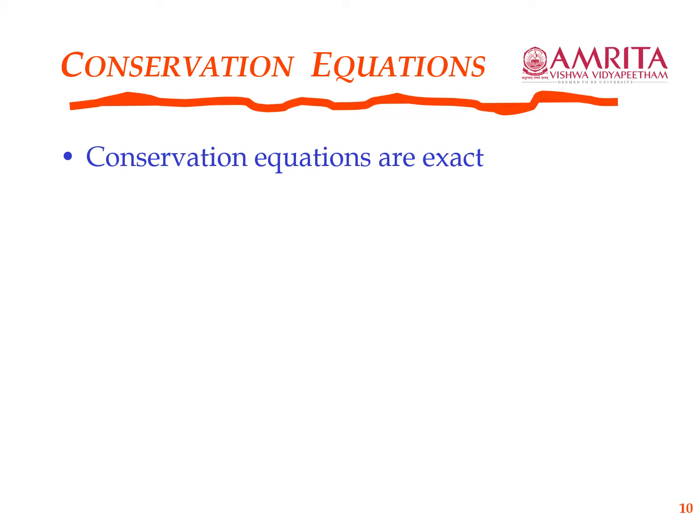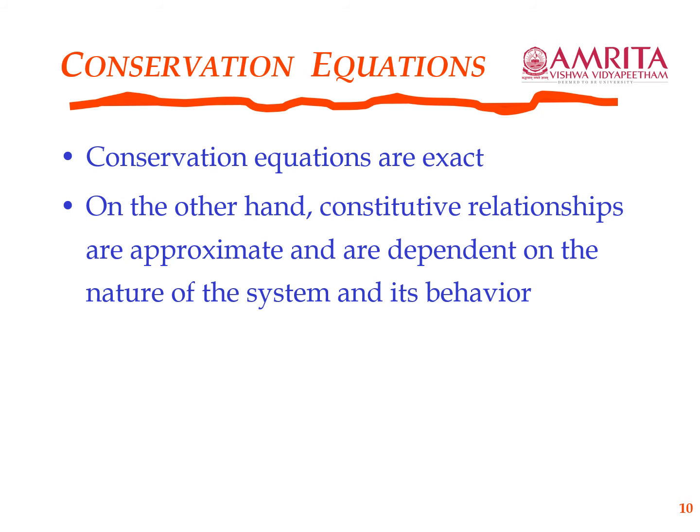Momentum is conserved, momentum is conserved. There is no approximation in this. All right. On the other hand, constitutive relationships are approximate, and they are dependent on the nature of the system and its behavior. We will see this in some detail in the forthcoming lectures, when we have an exclusive lecture on constitutive relationships and the general basis on which constitutive relationships are typically framed.